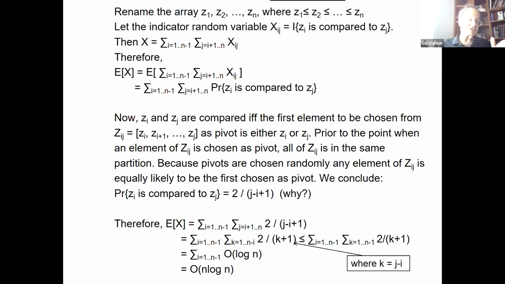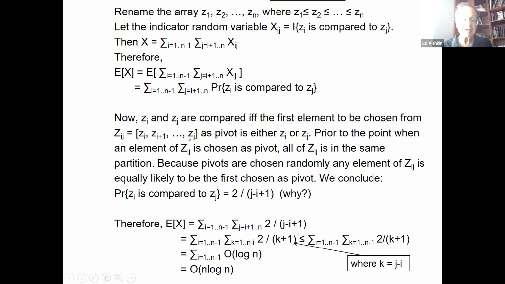So just think about it. In the beginning, we have not yet seen any element between Zi and Zj chosen as a pivot. As the algorithm runs, there has to be a point where some element in this subarray will be chosen as a pivot. We don't know if it will be Zi, Zj, or some element in the middle.